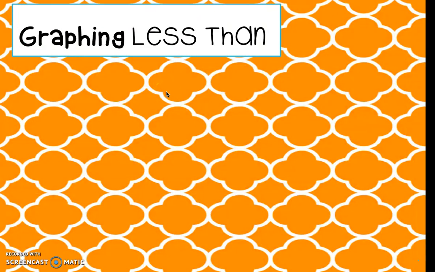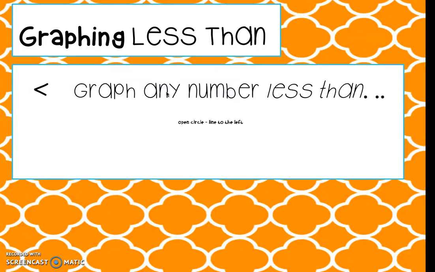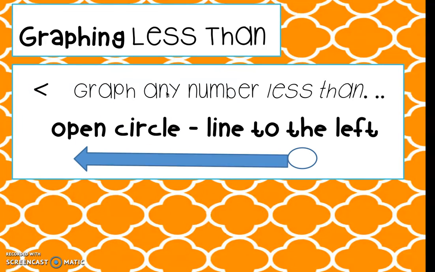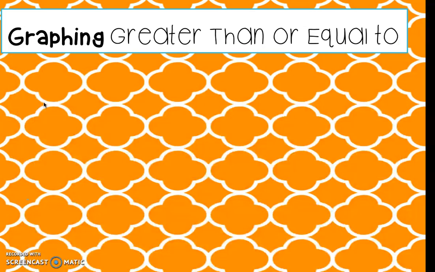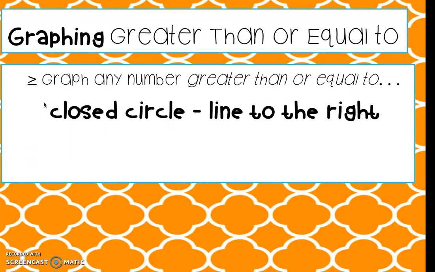Okay, graphing less than. We're going to have an open circle with a line to the left, and that tells us that not this point, but anything less than that will make the inequality true. Again, you can notice that the way the inequality points is the way that the line is drawn. It follows the arrow of the inequality. Graphing greater than or equal to is just a little bit different.